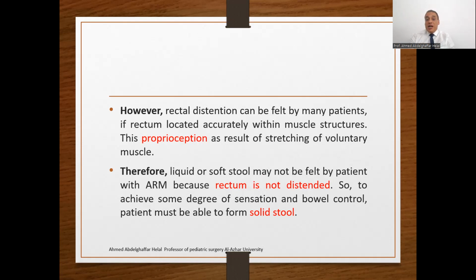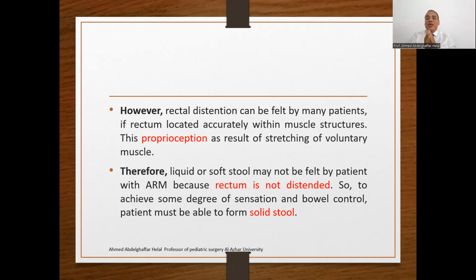However, if there is rectal distension, and this rectal distension produces proprioception, the patient will have some sort of continence. So rectal distension can be felt by many patients if the rectum is located accurately within the muscle complex. This is called proprioception, as a result of stretching of the voluntary muscle. Therefore, liquid or soft stool may not be felt by the patient with anorectal malformation because the rectum is not distended.